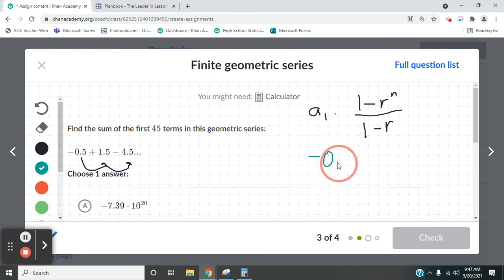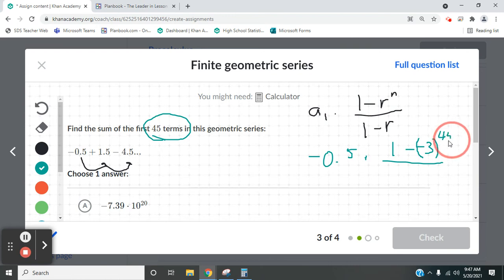Yep, there we go. Times 1 minus -3. What did I say to do if it was negative? Yeah, use parentheses. And then how many terms are there? Yeah, no tricks on this one. It just tells us there's 45 of them.